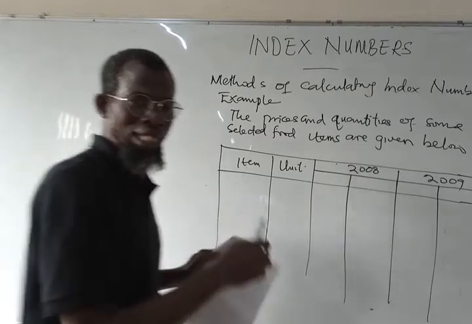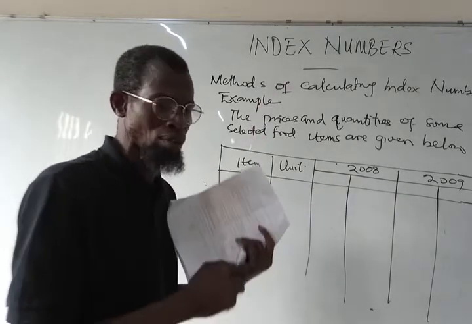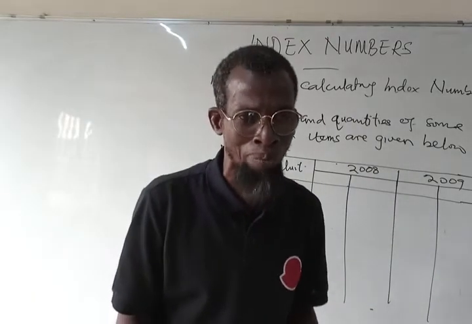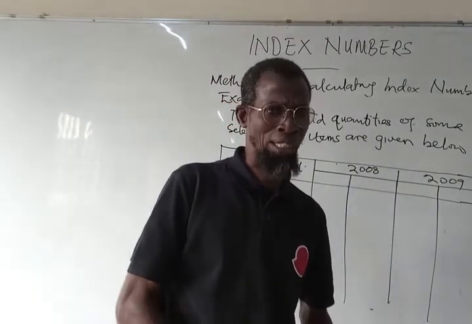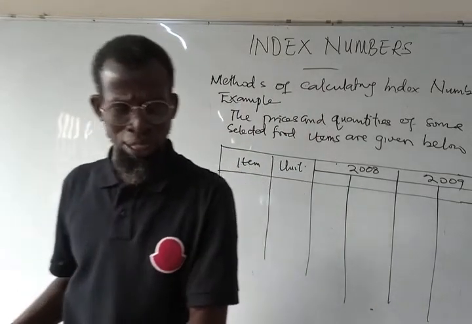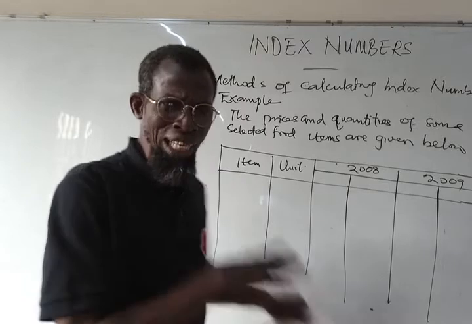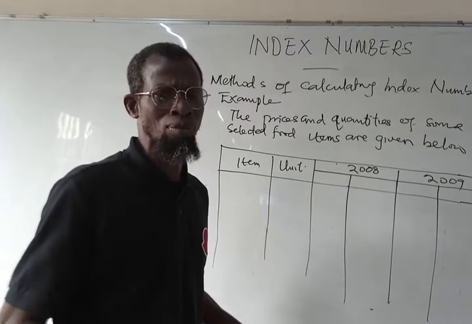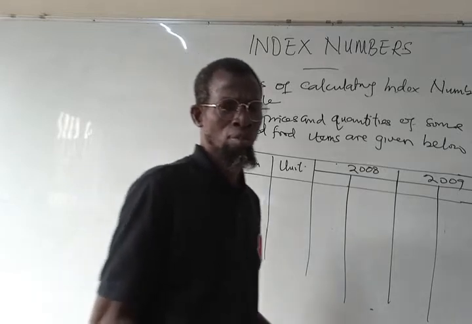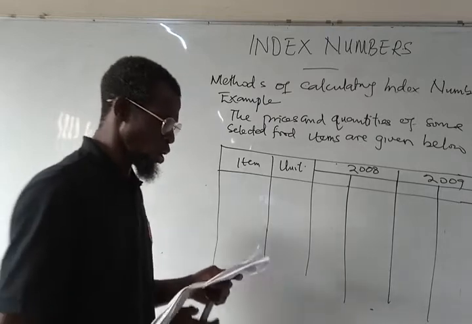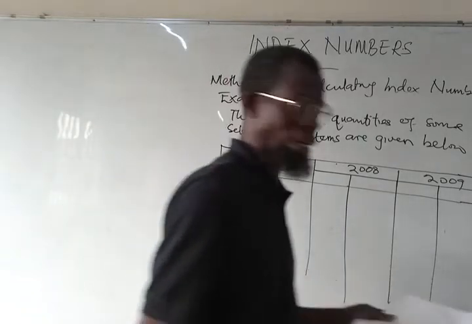In the ones we have done, we were only given information about price in terms of price relative, and information about quantity in terms of quantity relative. But in this case now, we have both. So which means we are doing value relative, but we want to make use of the aggregate method.